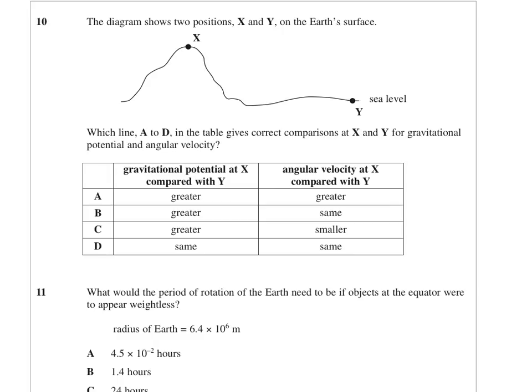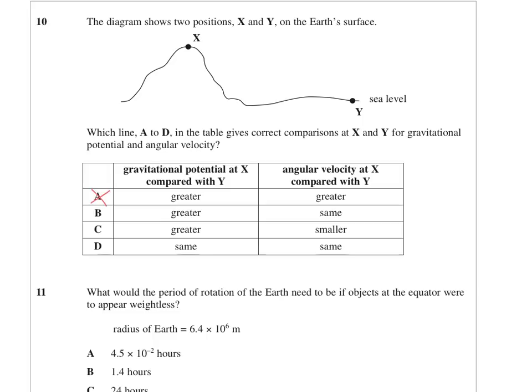Which line A to D gives correct comparisons at x and y for gravitational potential and angular velocity? If they're both on the Earth's surface, the angular velocity is going to be the same, so we can already eliminate these. Wait, hang on, the other way around.